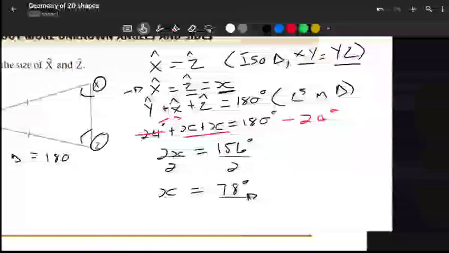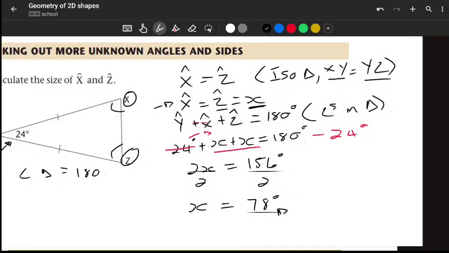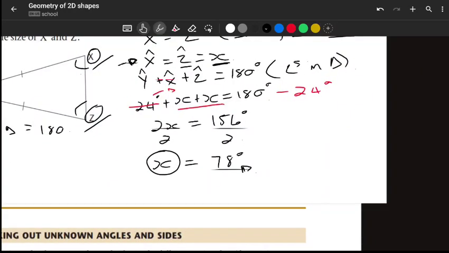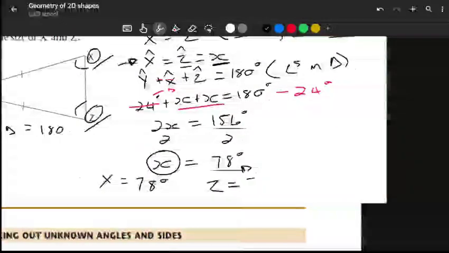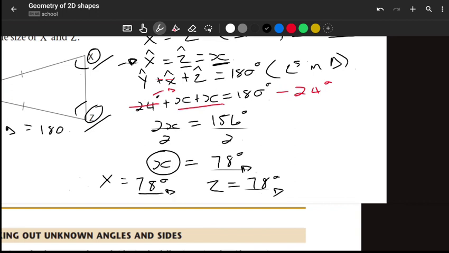Now remember, they're not asking for what is x, they asked for what is capital X and capital Z. And remember what we said here, capital X and capital Z is equal to x. So then you can say, therefore, x is equal to 78 degrees and z is equal to 78 degrees, and then you have your answer there, right?